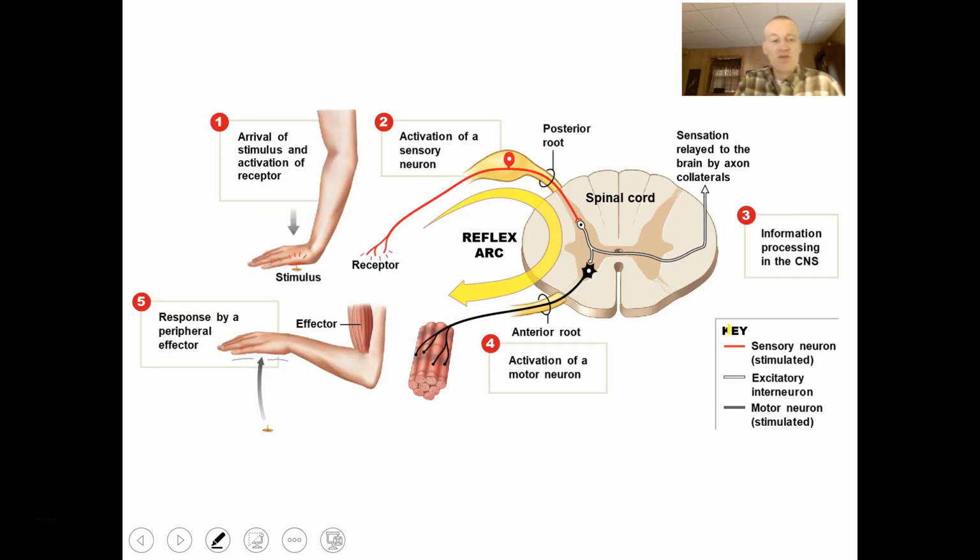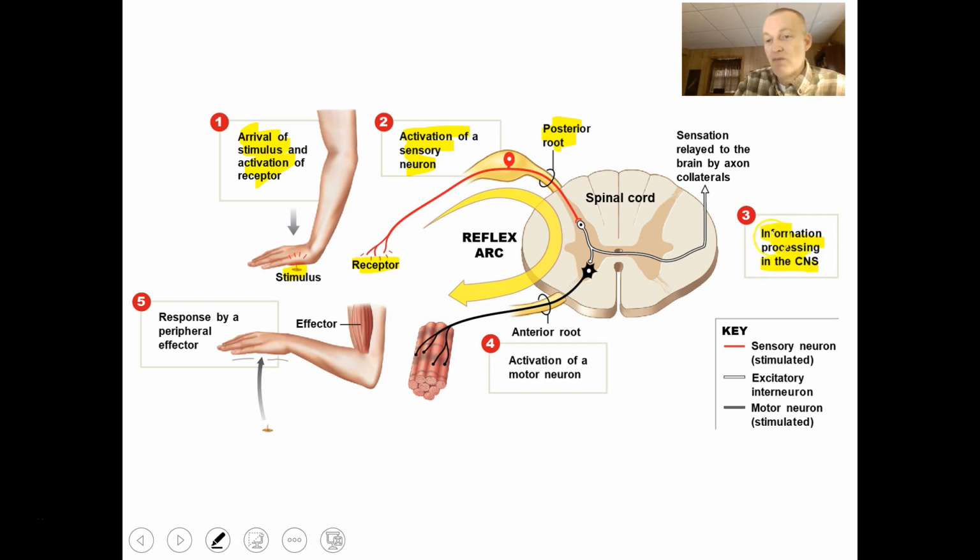Just to give you a sense of a reflex, here we have the arrival of a stimulus. Here we stuck your hand on a tack. There is a receptor that receives that information and activates a sensory neuron. Notice it's using the posterior root to get to the spinal cord. In this particular one, this is a polysynaptic reflex.